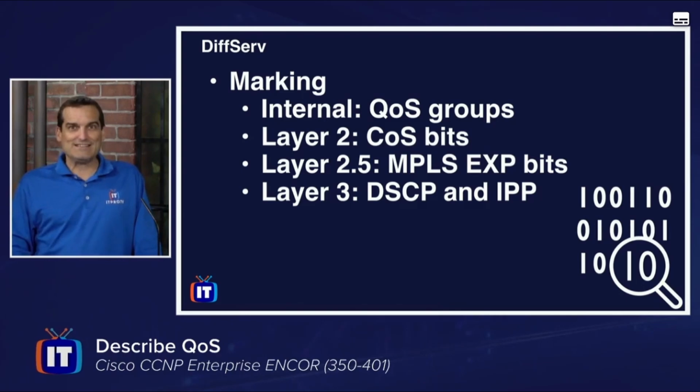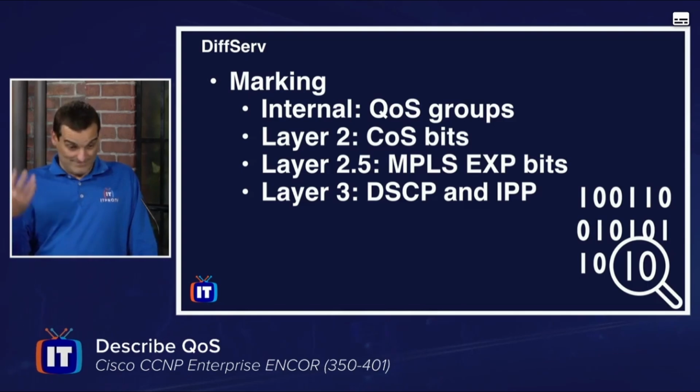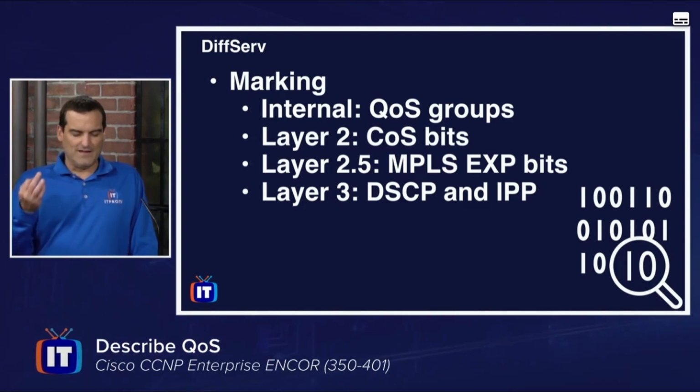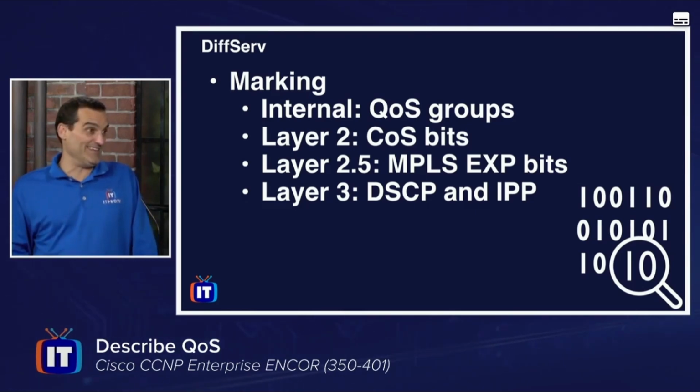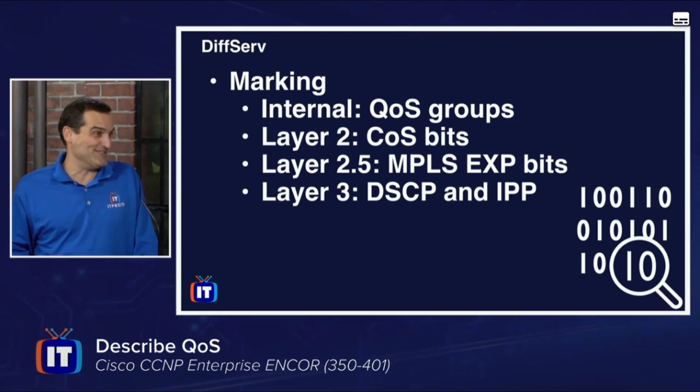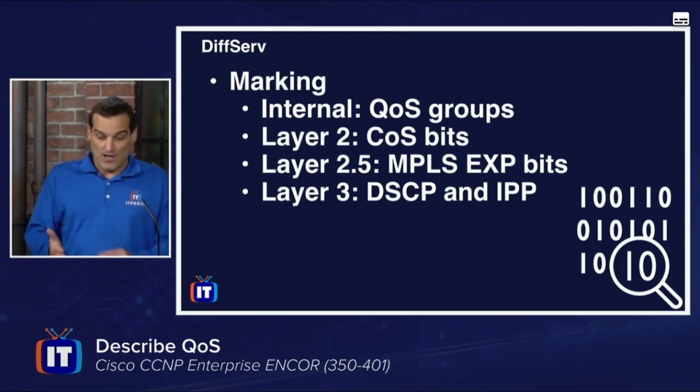And look at this on screen here. The great news is we can mark at the physical or internal level with QoS groups. So 1 through 3, including MPLS layer 2.5, we like to joke, right?